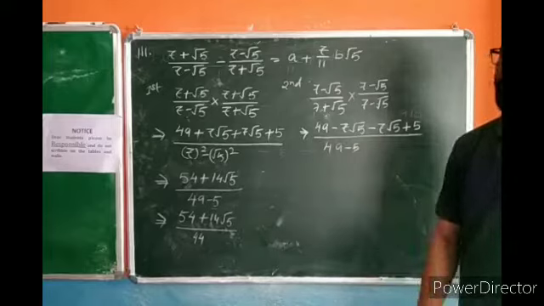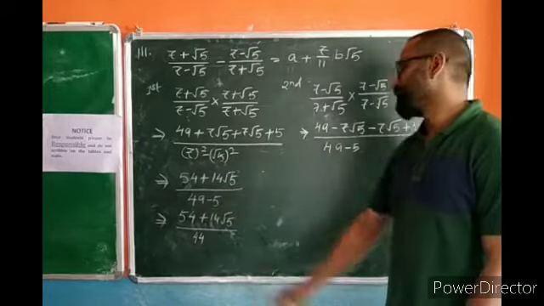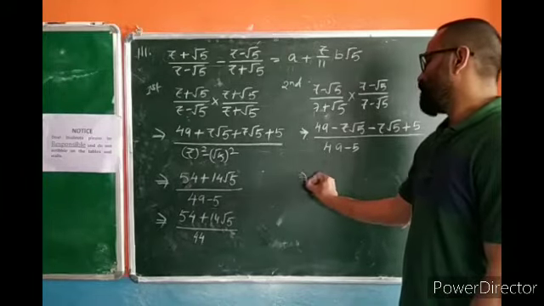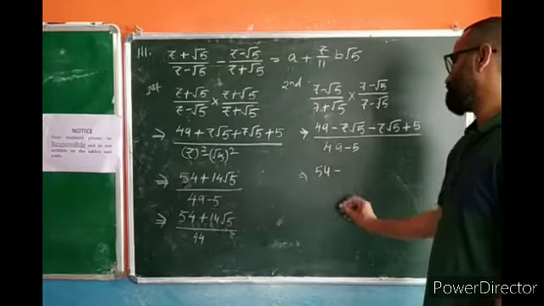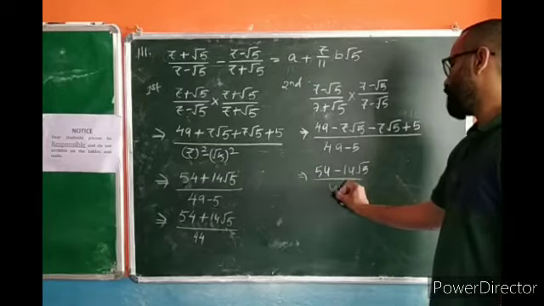I am writing this value directly without writing the square. So add it up, you get 54 minus 14 root 5 divided by 44.